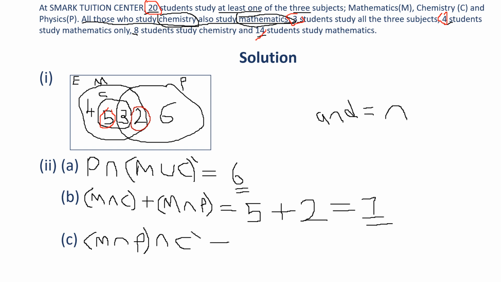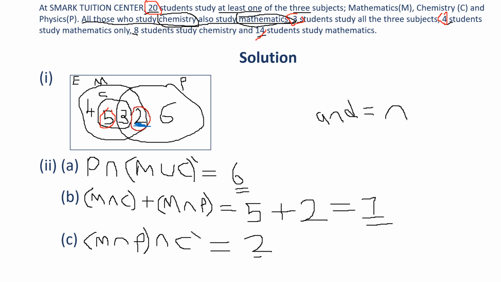So why C complement? You are not supposed to include anyone from chemistry. So if we exclude chemistry, but you go for mathematics intersection physics, it's the 2 here. So in this case, our answer is 2.